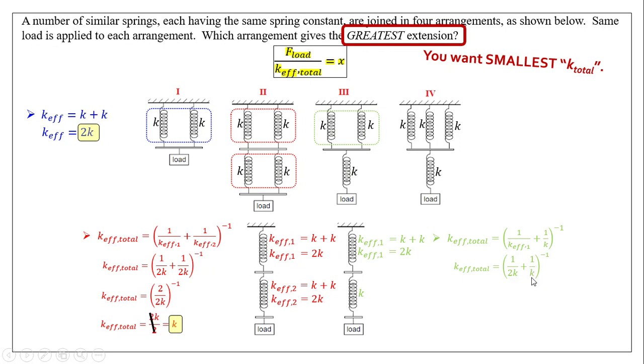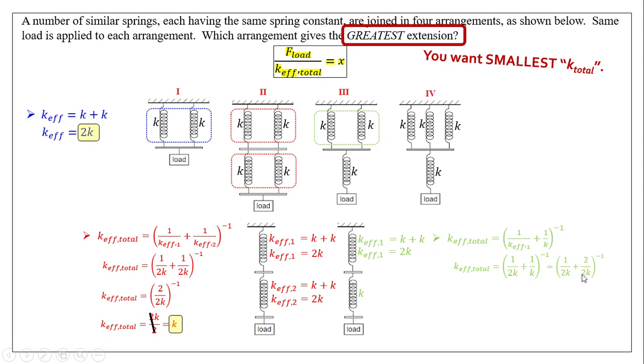Well, 2k and k are not common denominators, so you have to find a common denominator. You multiply the right fraction by 2 because this is 2k. To have the same common denominator, you multiply the denominator by 2, but you also have to multiply the numerator by 2. So it'll be 1 over 2k plus 2 over 2k.